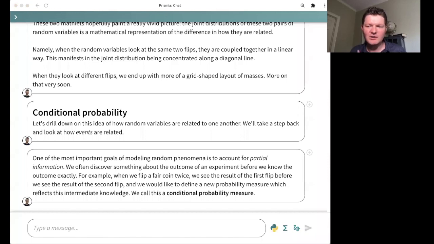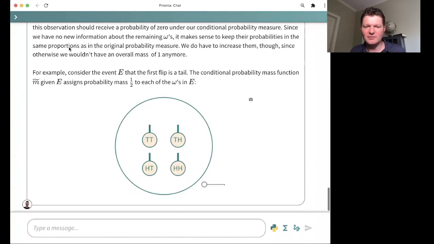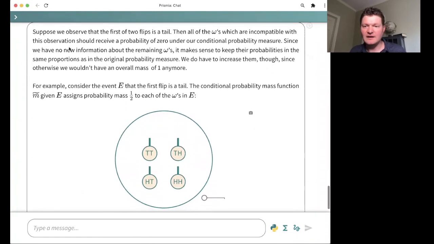So I want to try to develop this idea in a very bare hands sort of way so that when we have formulas coming out, they're grounded in something. So let's go with the two-coin flip experiment for an example. And imagine that the first flip turned out to be a tail. So that's telling us that the little omegas, the set of things that could have happened that are incompatible with that observation, should get an updated probability of 0, because we can exclude those from consideration.